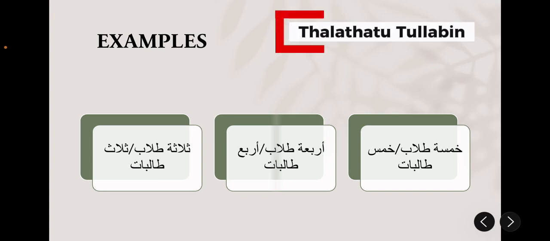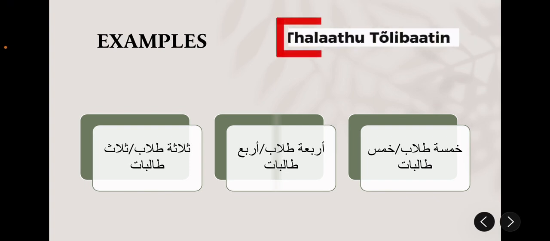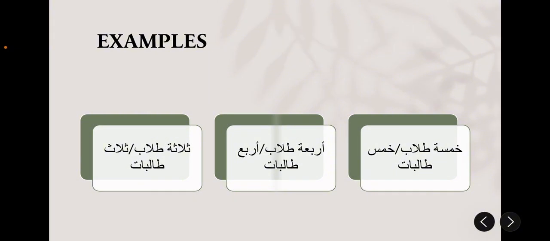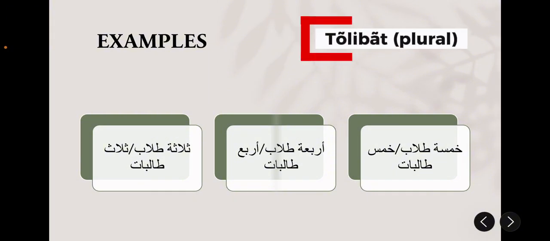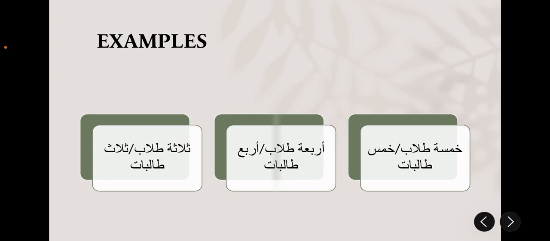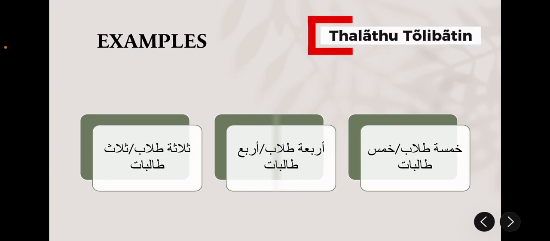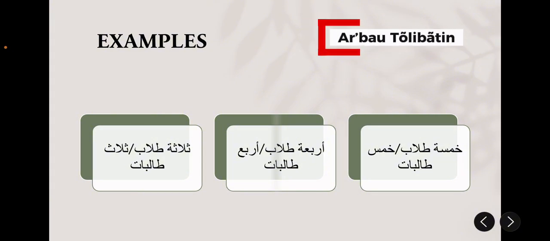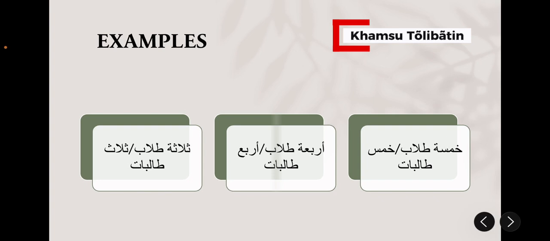And the connection between ثلاثة and طلاب is إضافة, which results in طلاب having a كسرة. ثلاثة طلاب. For feminine, you say ثلاث طالبات. طالبات is the plural of طالبة, or single feminine student. Hence, the number is masculine. So you say ثلاث طالبات. The same thing happens to 4 and 5. أربعة طلاب أربع طالبات. خمسة طلاب خمس طالبات.